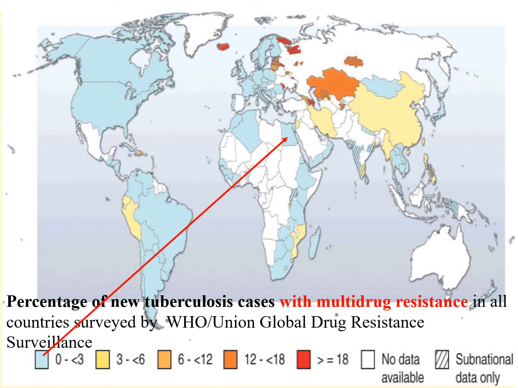Here, in Egypt, less than 3% of cases have resistance to anti-tuberculosis drugs. As you see, the highest and the most high are here and here. Thank God we do not have this.